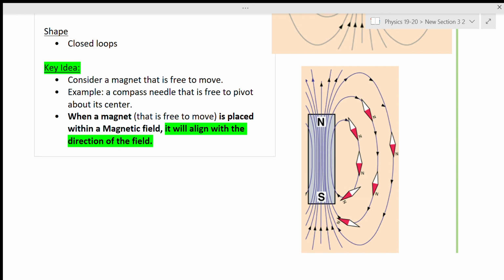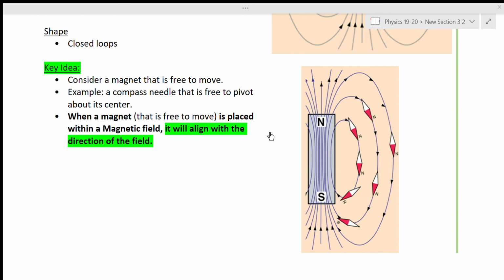Here's a little demonstration. Here's a magnet, and I have a little compass here, and you can see the direction of the field is shown by all these little tiny magnets, and they'll change when I move my magnet around. But my compass, or what I like to call my magnetic field detector, will just align with the direction of the field no matter where I put it. It will align with the direction of the littler compasses in the background, and it'll tell me the direction of the field.